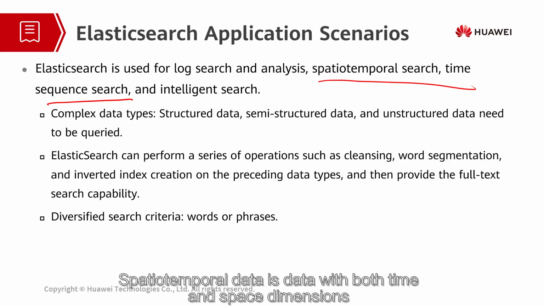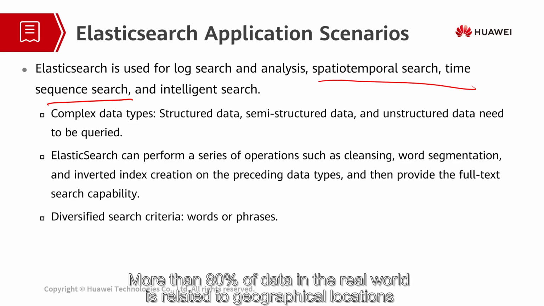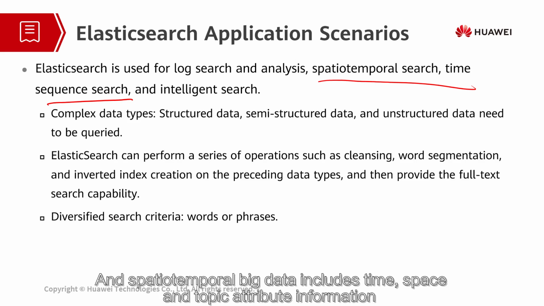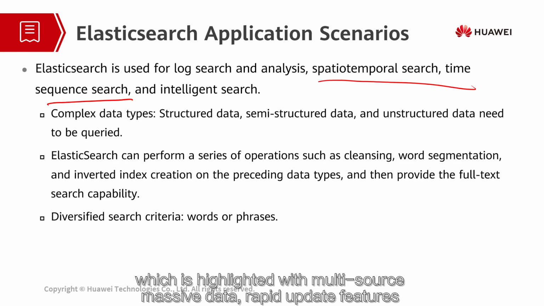So spatial temporal data is data with both time and space dimensions. More than 80% of data in the real world is related to geographical locations. And spatial temporal big data includes time, space, and topic attribute information, which is highlighted with multi-source, massive data, rapid update features.